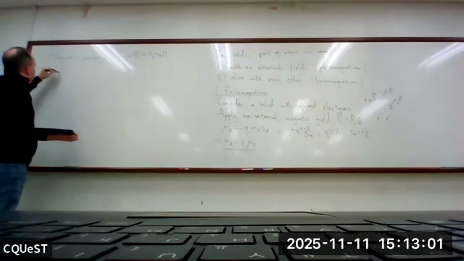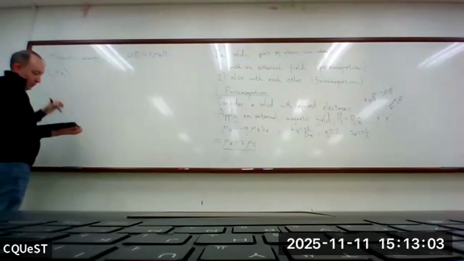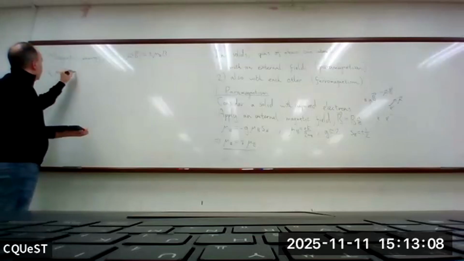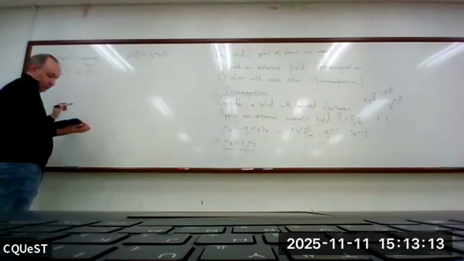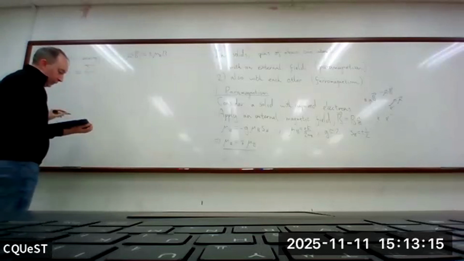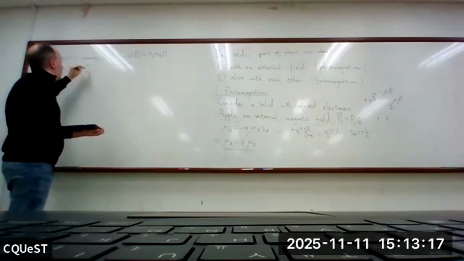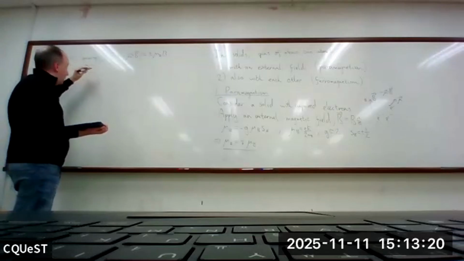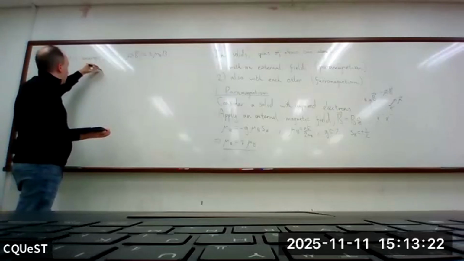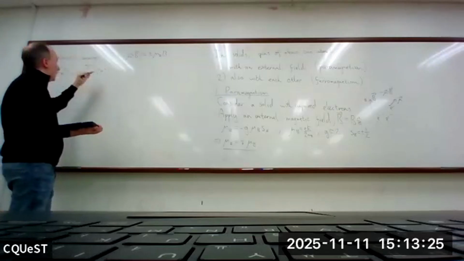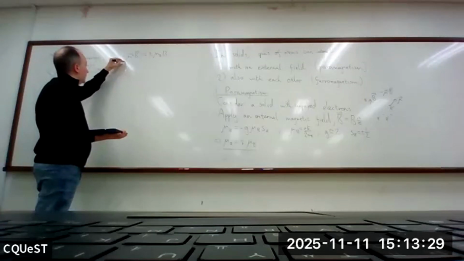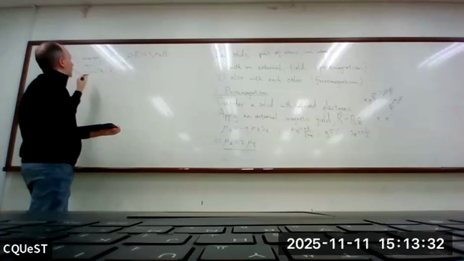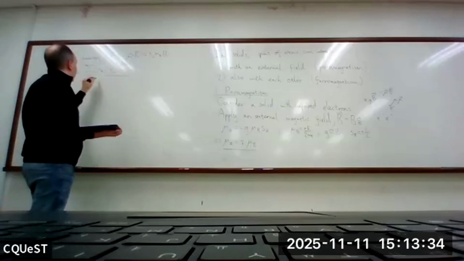We can do this via Boltzmann statistics. It's the sum over every state that this magnetic moment can be in, which I'll label by i, times the Boltzmann factor e to the minus beta E_i, divided by the partition function.